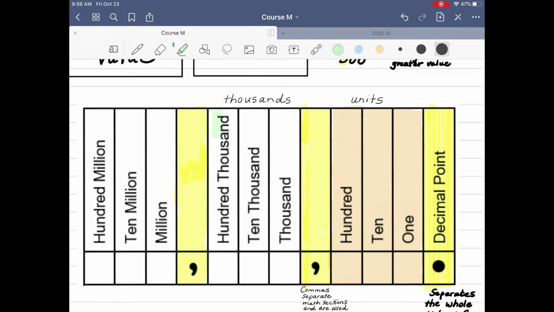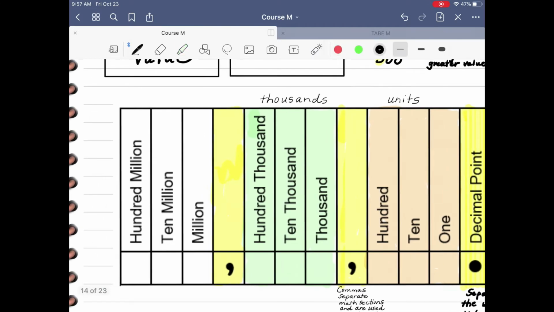Let's see if we can do this a little faster. So hundreds on the left, 10 in the middle, 1,000 is on the right. That 1, 10, 100 pattern repeats itself through every single section. All I'm changing is the name of the section. So if we're in the thousand section, we say 1,000, 10,000, 100,000, and then we're moving to a new section.